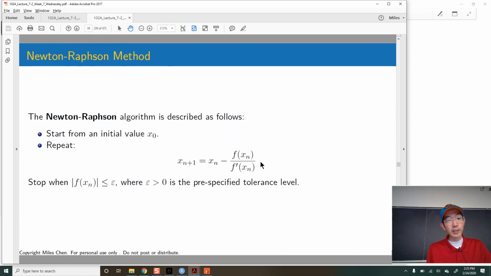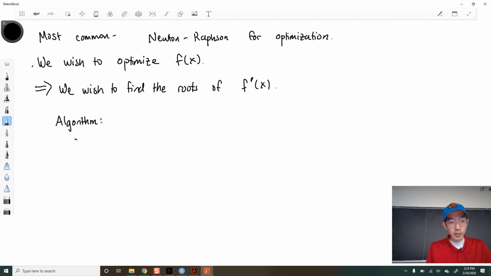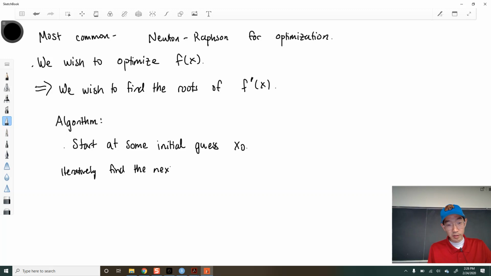This is finding the roots of f, so to find the roots of f prime, iteratively find the next value: x at time n plus 1 equals x at time n minus the ratio.